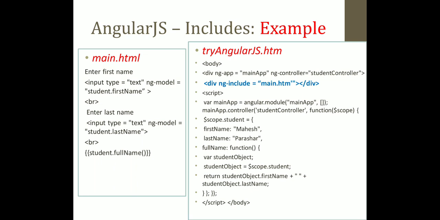For last name, the same input type text is used, and ng-model is student.lastname. Lastly, after a break, we have used the expression student.fullname, where fullname is a function. This is our main.html file.